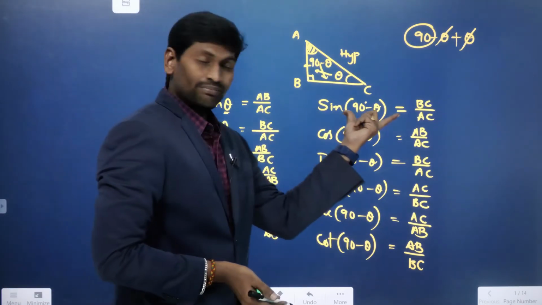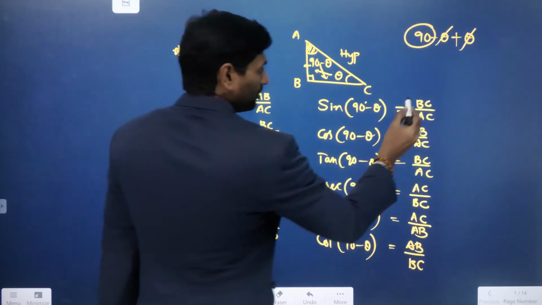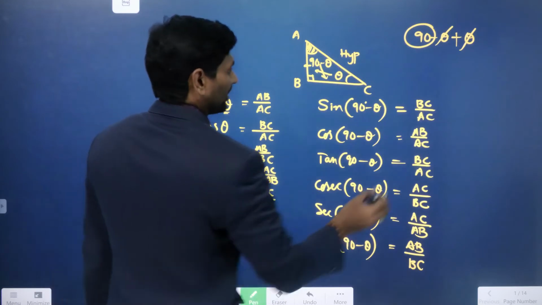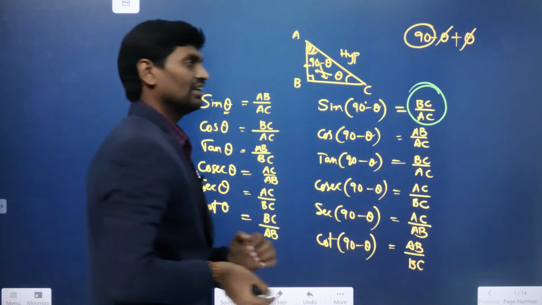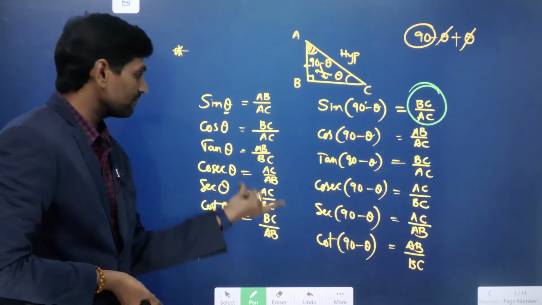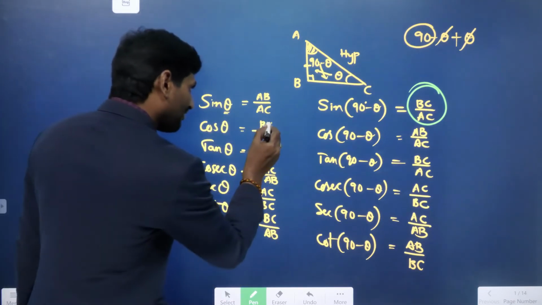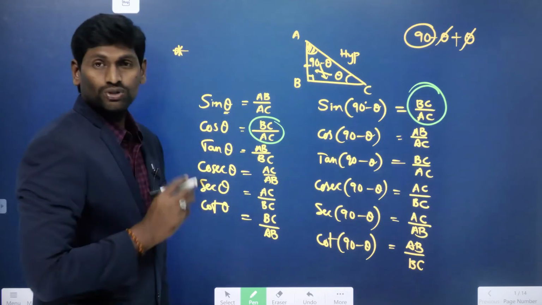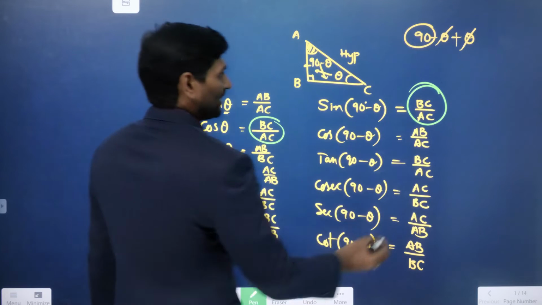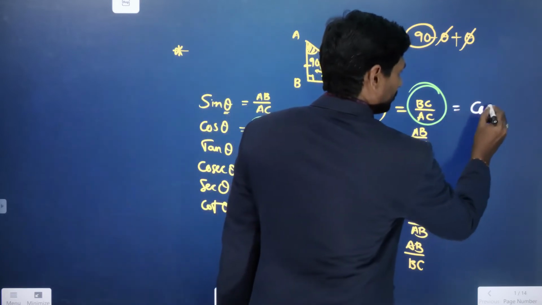While observing the ratio of sin 90 minus theta, it is BC by AC, and the same ratio BC by AC is available for cos theta. So from this we can write that sin 90 minus theta is equal to cos theta.